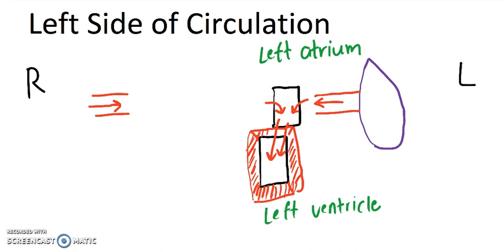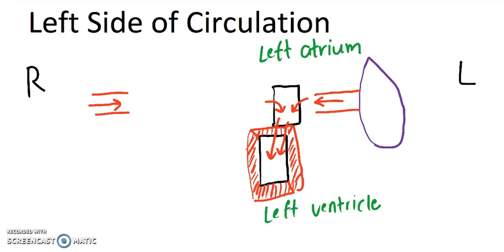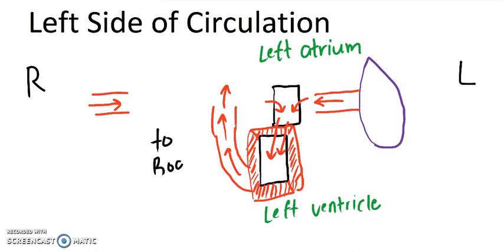Thick with muscle. And that's because after the left ventricle, this blood is going to leave, bring fresh blood to all tissue in our body. So it needs a lot of strength to create the pressure to bring blood to the rest of the body.